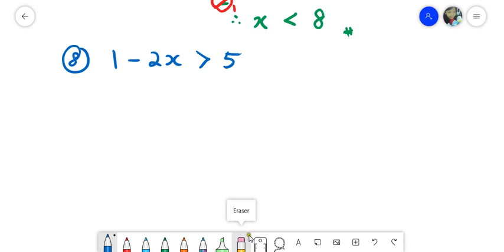Same thing, remain the x on the left. Since you have a positive 1 here, how to get rid of the 1? Yes, you minus 1 on both sides. Now you have negative 2x greater than 4.